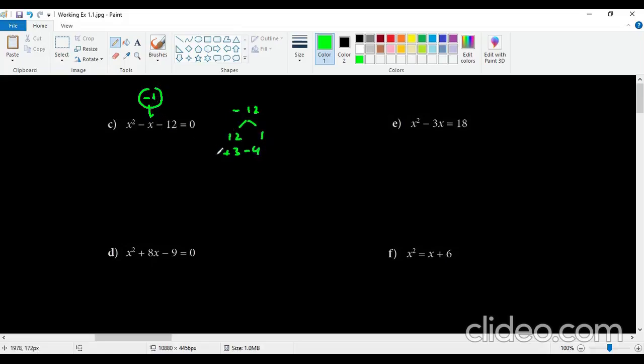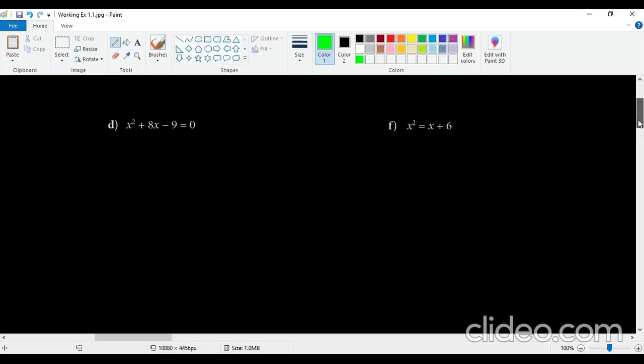Adding minus 4 to plus 3 you get negative 1, and minus 4 times plus 3 gives you negative 12. Now we do the same thing once again. We make two brackets, write x in the first part, and here I will write x minus 4 and x plus 3. This is your answer for part C.